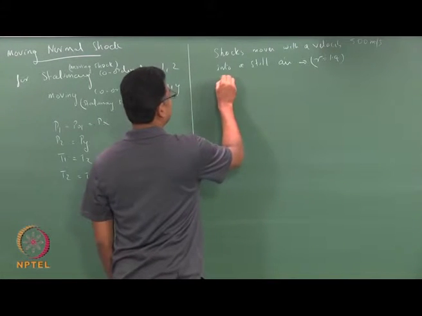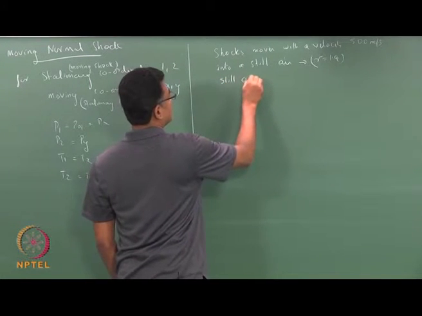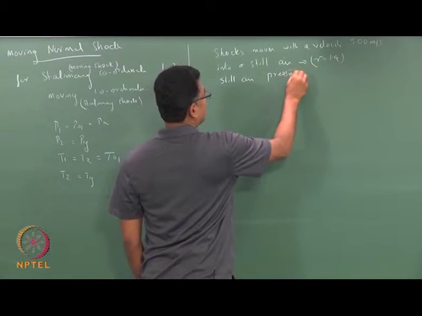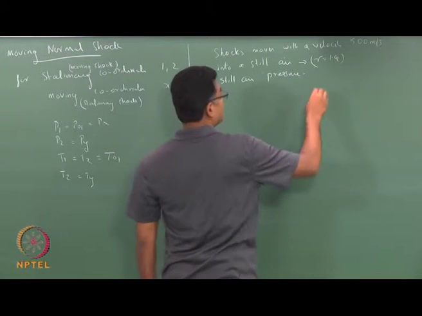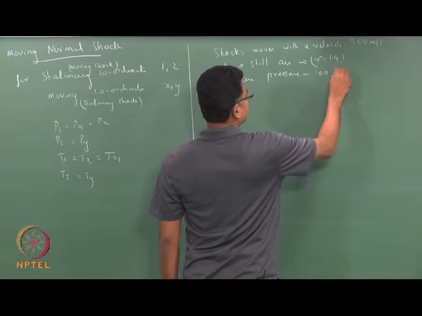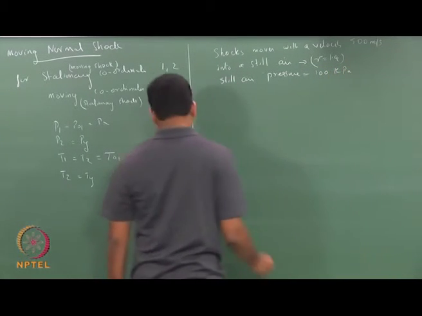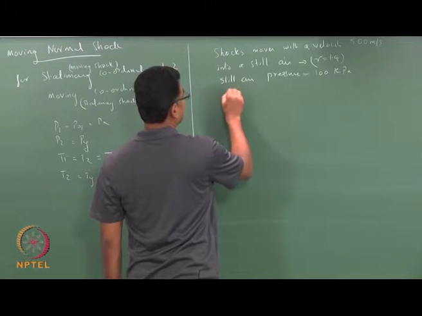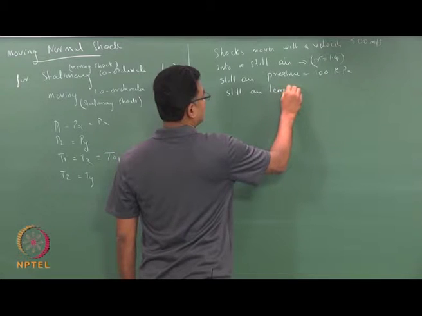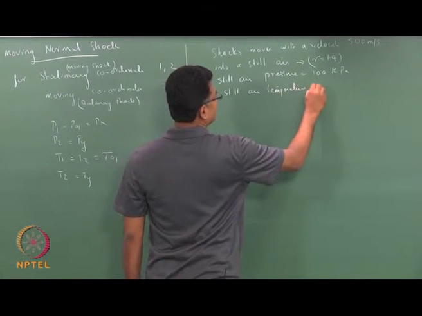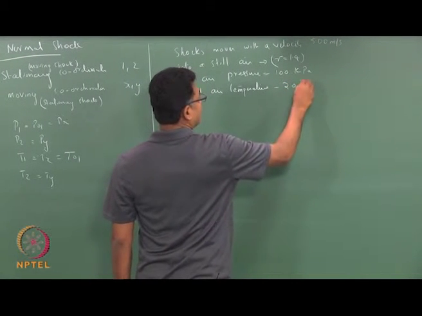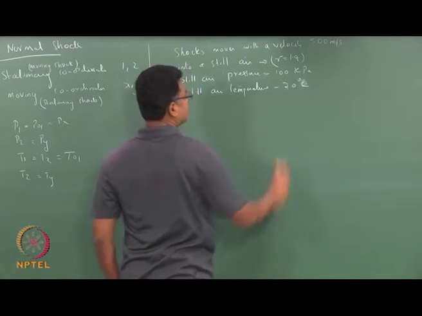So the still air has pressure, let us take it as 100 kilopascal, and still air temperature is around 20 degrees Celsius.